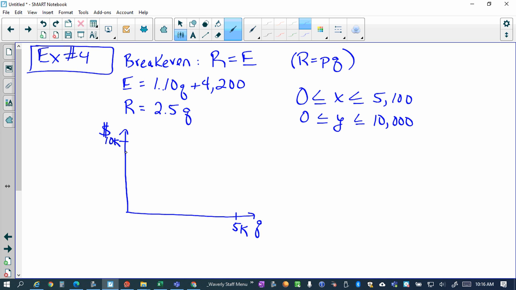So we'll call that right about here, a little less than halfway to 10K. And then that graph goes up like this, roughly. We'll see how close this is. And then the revenue one, of course, starts at 0, doesn't it?